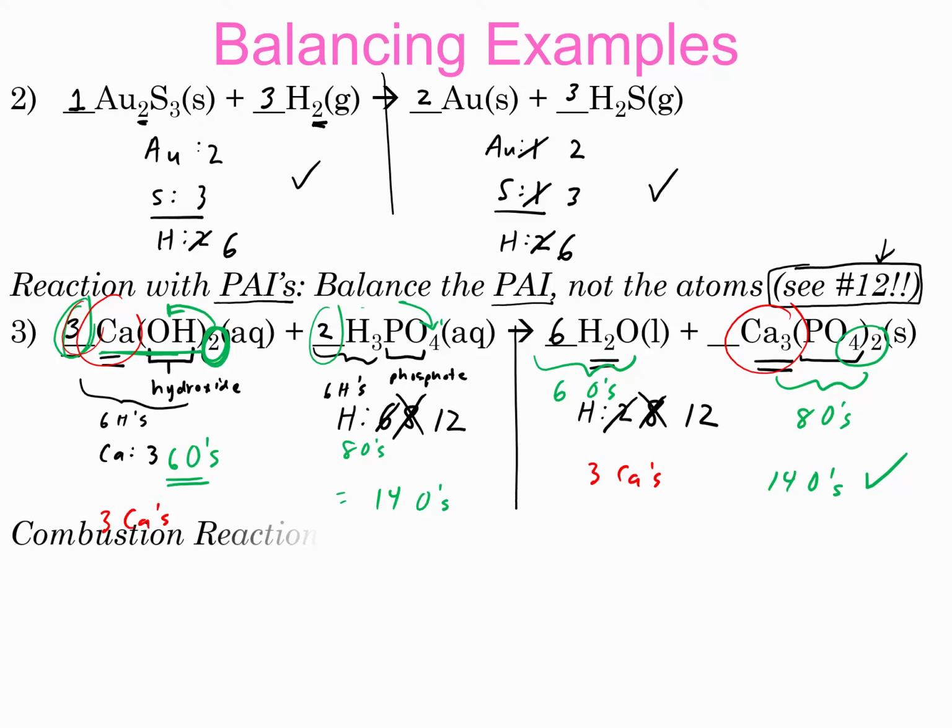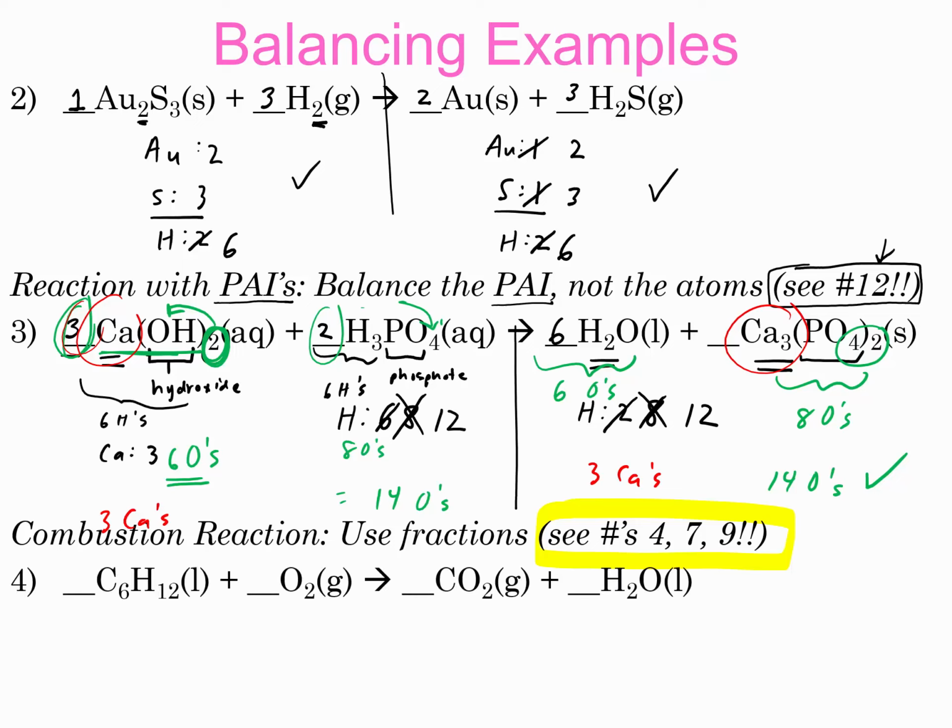Okay, so let's try one more, a combustion reaction. For this, take a look at 4, 7, and 9. These all are combustion reactions on the worksheet that goes with this. So here's the reaction. For combustion reactions, balance the carbon first.